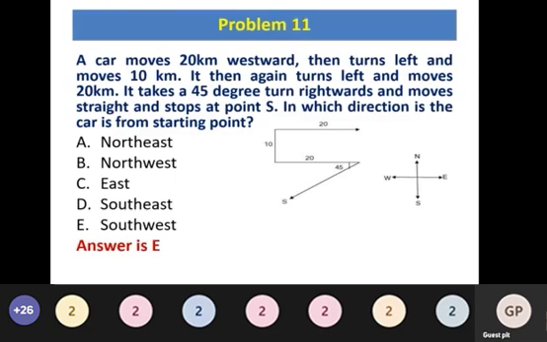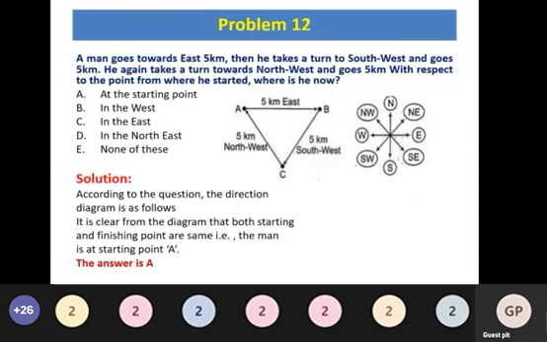That means southwest. Now coming to problem 12. A man goes towards east 5 kilometers. Then he takes a turn to southwest and goes 5 kilometers. He again takes a turn towards northwest and goes 5 kilometers.